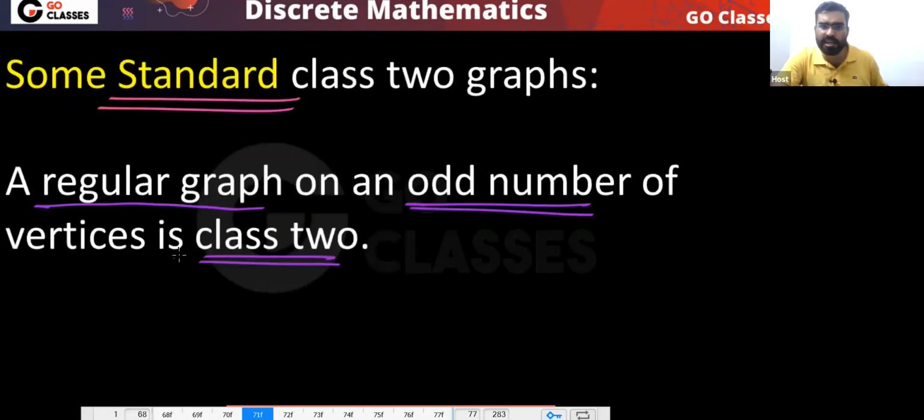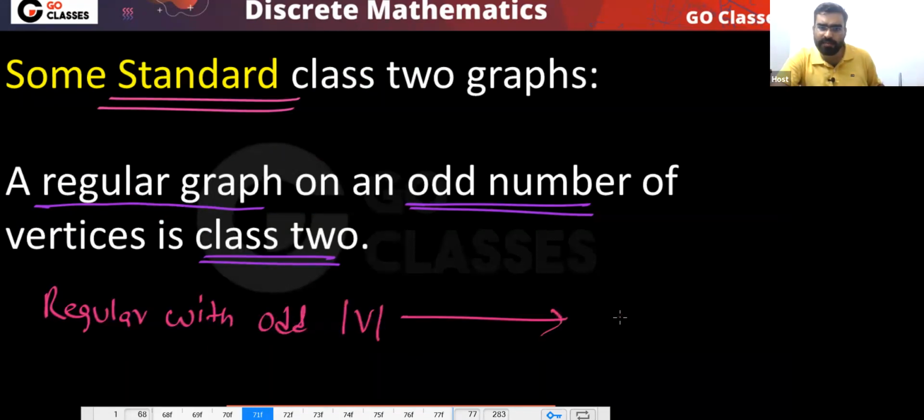Again, this statement is one way. Regular graphs on odd number of vertices are class 2. So if you have a regular graph with odd number of vertices, that implies class 2.